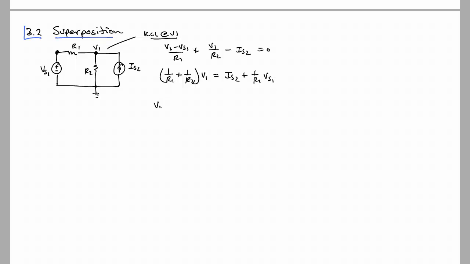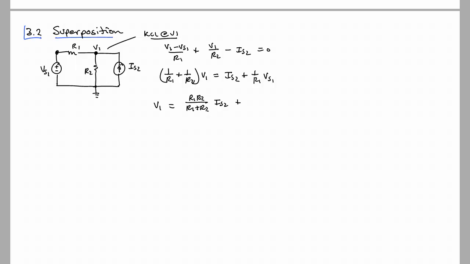And finally we can write V1 is equal to 1 over the sum of 1 over R1 plus 1 over R2, times IS2, and then plus, let's see, I'm going to rewrite that. The 1 over the sum of the inverses of R1 and R2, if I multiply top and bottom by R1 times R2, I will actually get R1 times R2 over R1 plus R2.